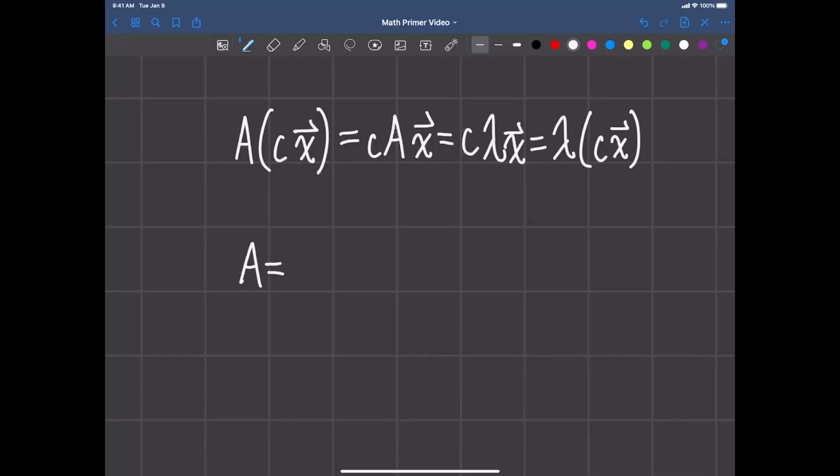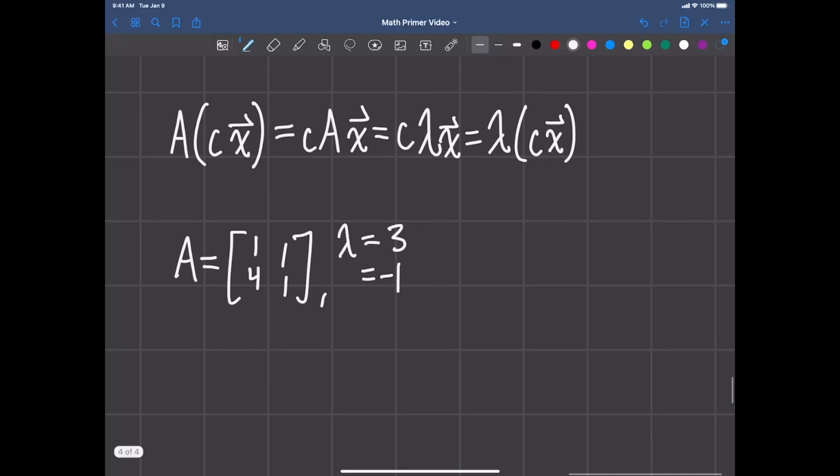So again, A is 4, 1, 4, 1, 1. We know that the eigenvalues are 3 and negative 1. And we know that A minus lambda I multiplied by the eigenvector equals 0.